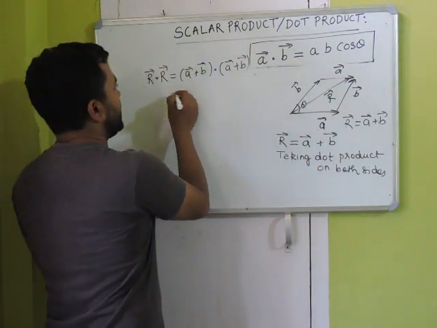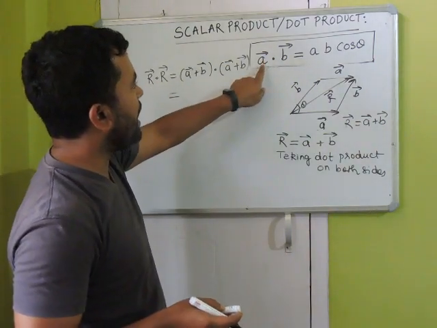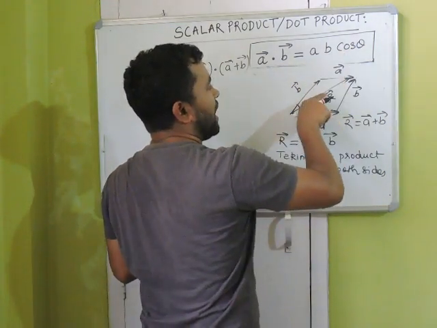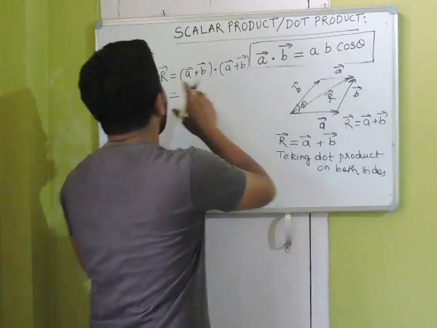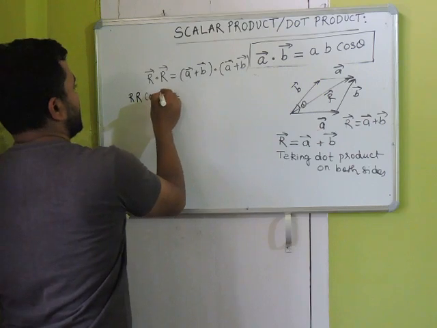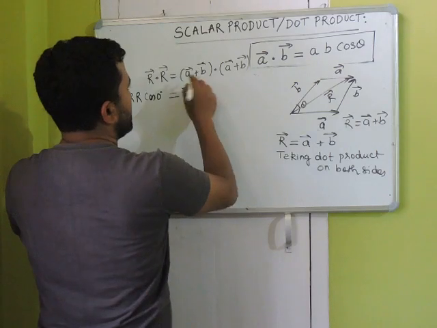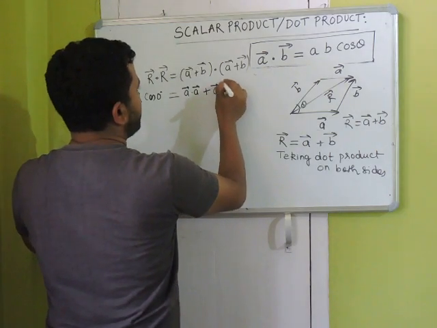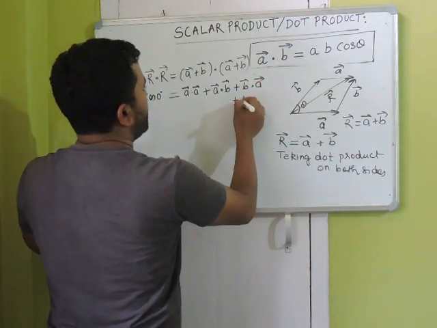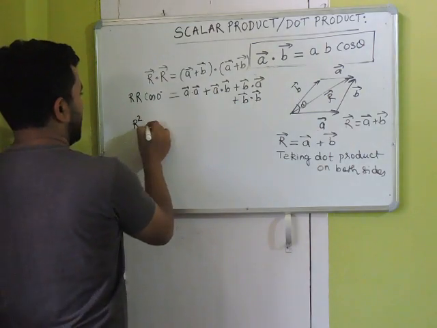Now if you evaluate it, what is r dot r? What is the angle between r and r? 0. So r dot r will be r cos 0 degree. Let us write it together. a dot a plus a dot b plus b dot a plus b dot b. So this side will be r square.